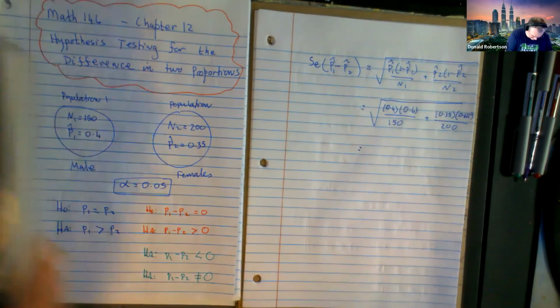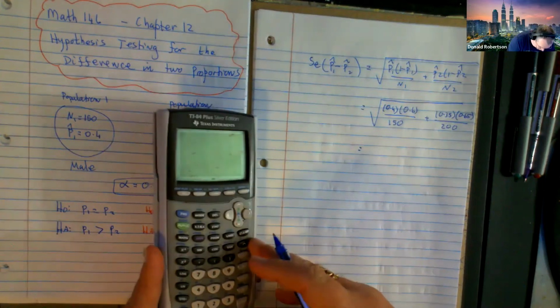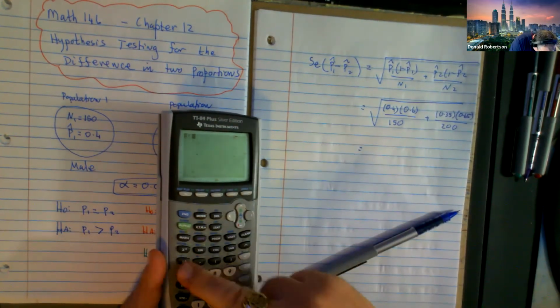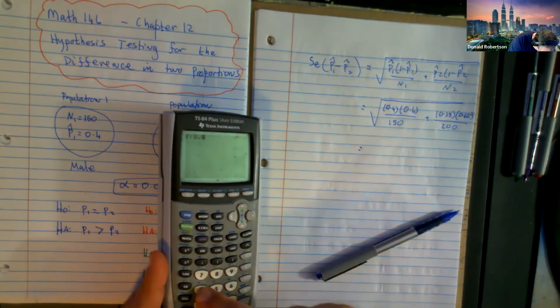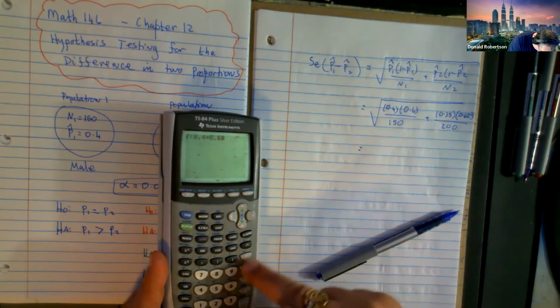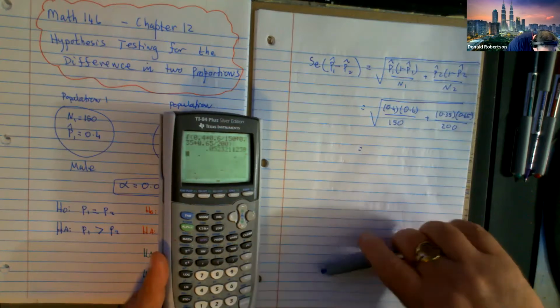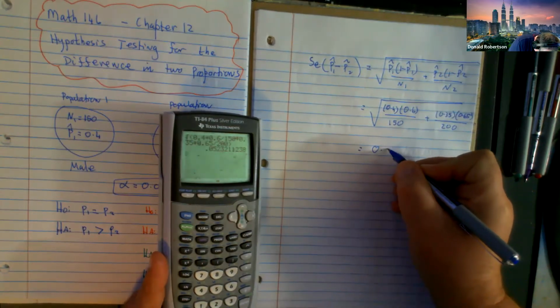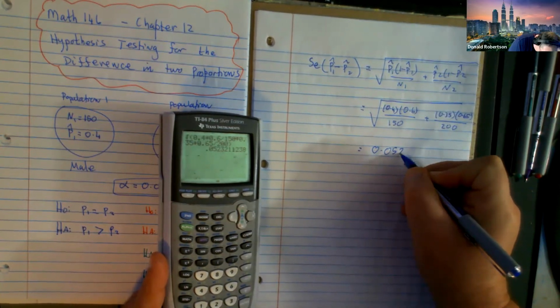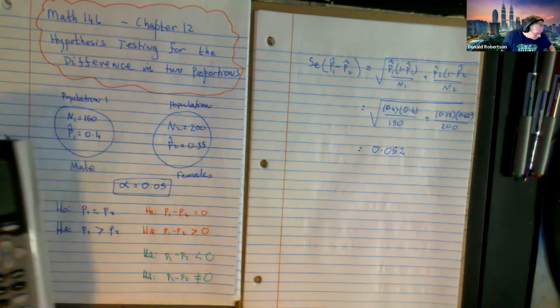And that comes out to be the square root of 0.4 times 0.6 divided by 150, add 0.35 times 0.65 divided by 200. And let's say to 3 decimal places. There's your standard error.